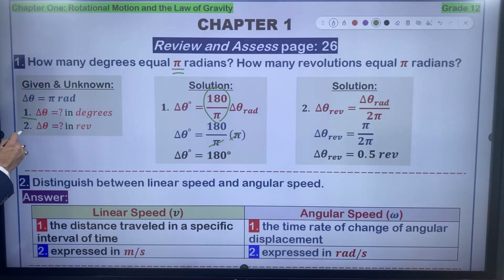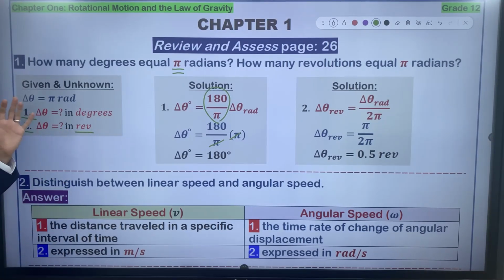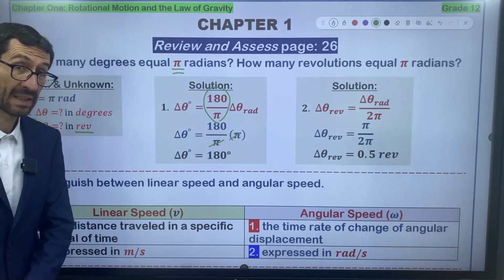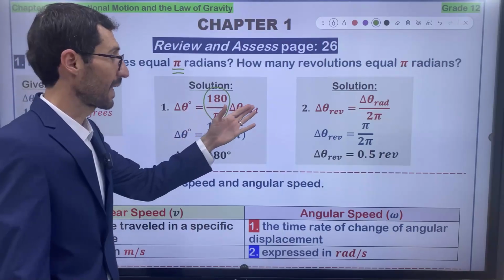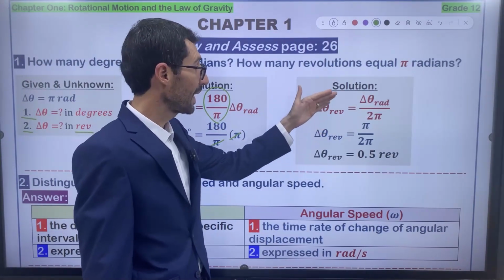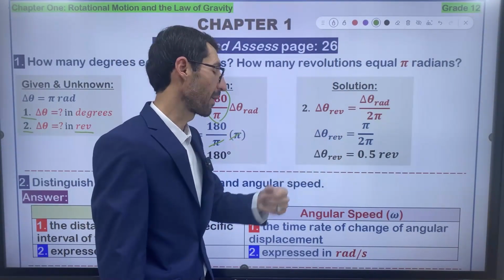The second part of the question, we need delta theta in revolutions, right? How many revolutions does pi radians equal? Let's solve the second part. Delta theta in rev is equal to delta theta in rad divided by 2 pi, right?